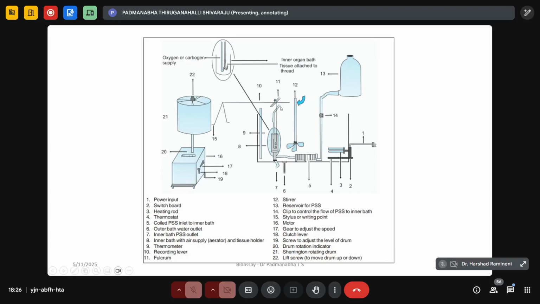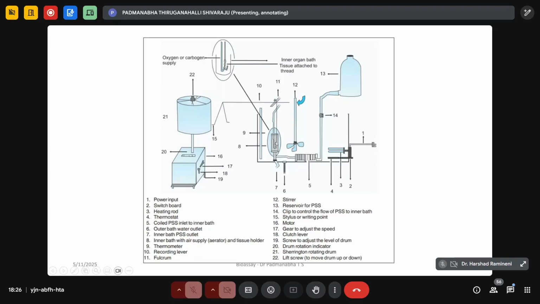to adjust the mounting of the kymograph sheet and to record the responses through the lever which is attached here. So whenever you put any unknown substance to the tissue, and the tissue is sensitive, the tissue will respond, and when the tissue contracts, the same contraction will be recorded as a response here through the lever.